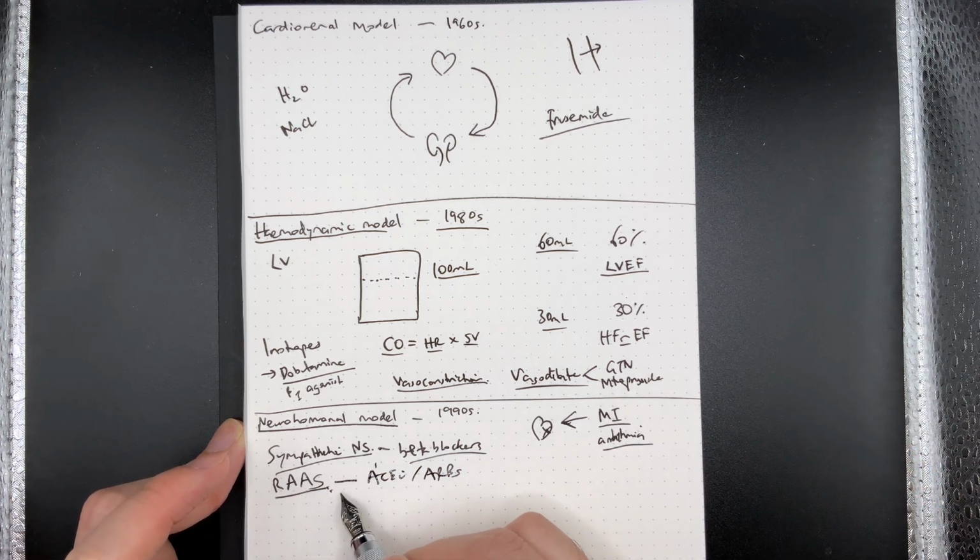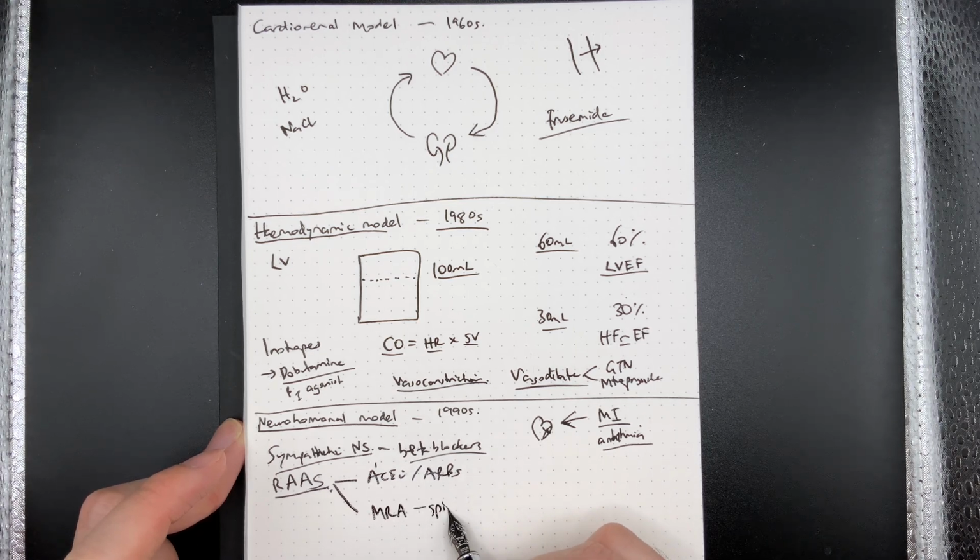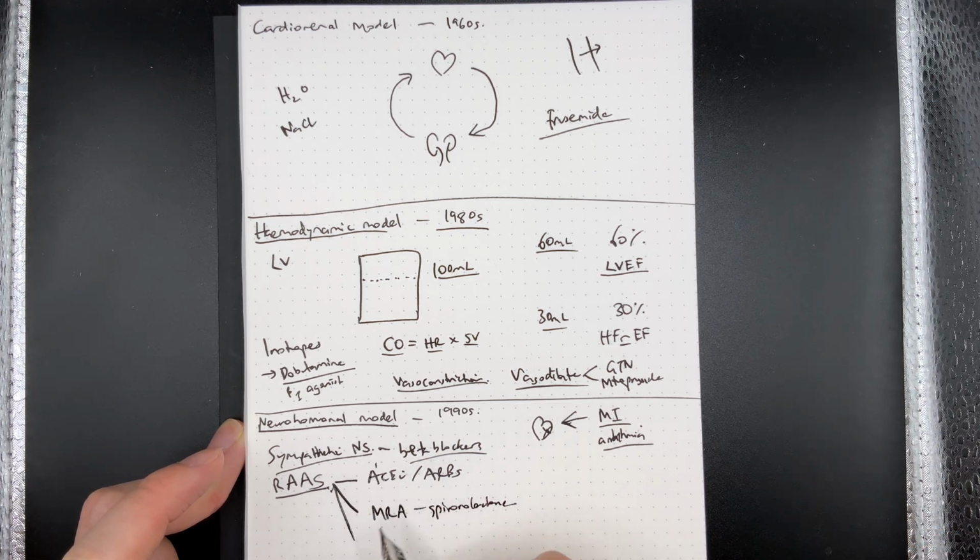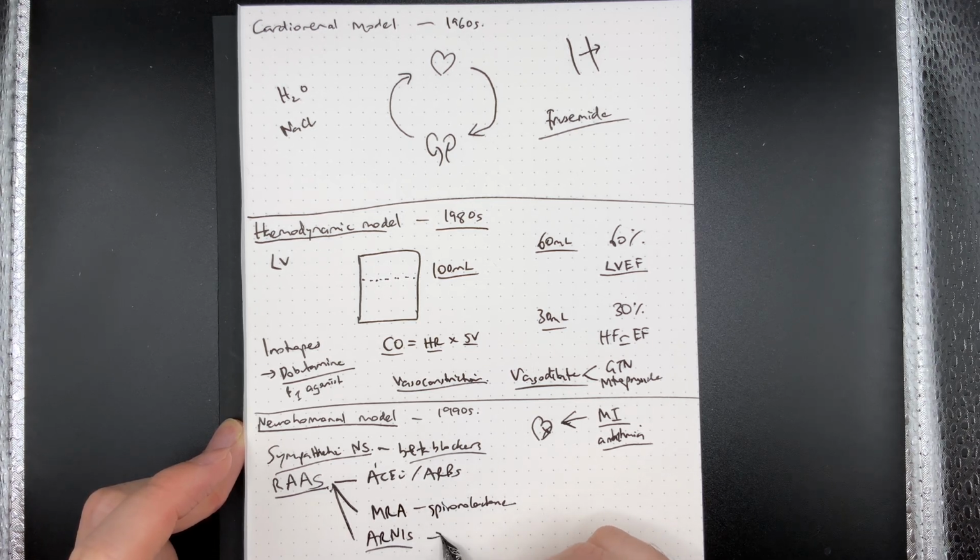And for the aldosterone side, you've got your mineralocorticoid receptor antagonists like spironolactone. In more recent times, we now have ARNIs, a combination of angiotensin receptor blockers as well as neprilysin inhibitors. An example is Entresto.